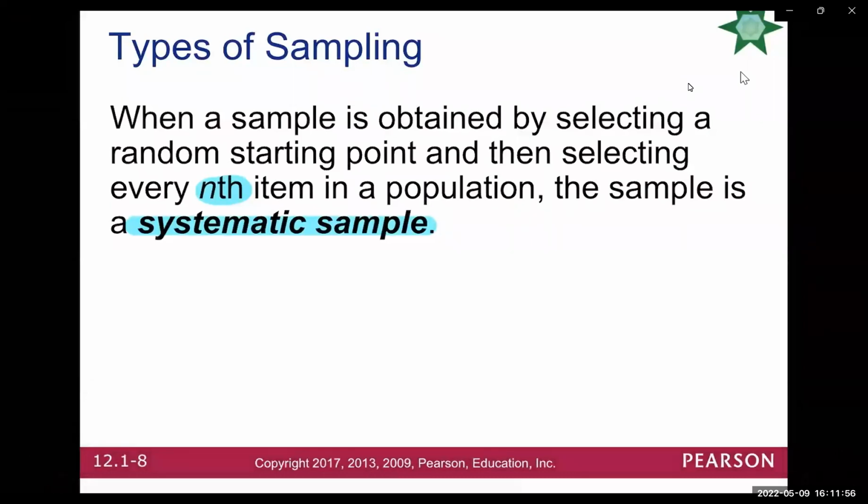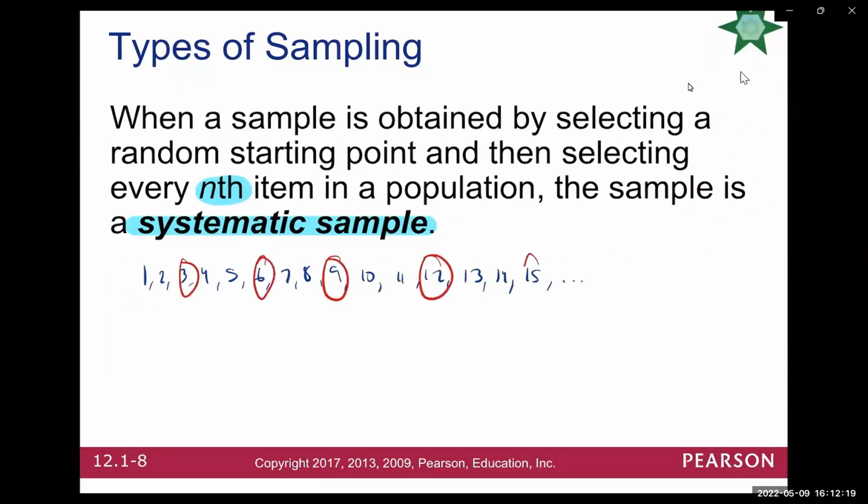Maybe you get every third person: the 3rd, the 6th, the 9th, the 12th, the 15th, etc. That would be an example of systematic sampling because you're getting every third person. So that's one way to collect data.